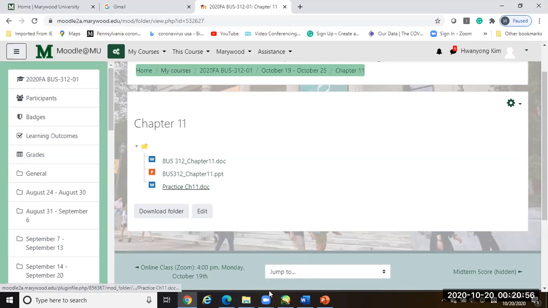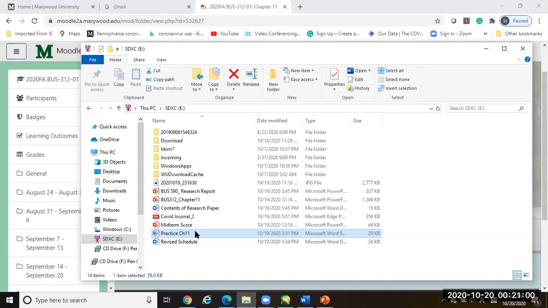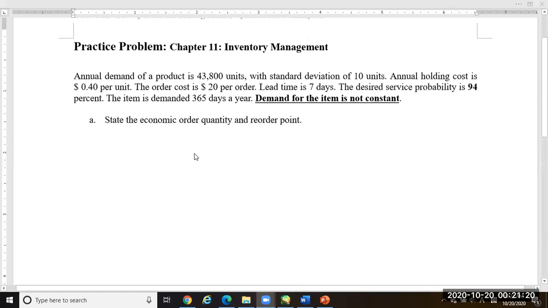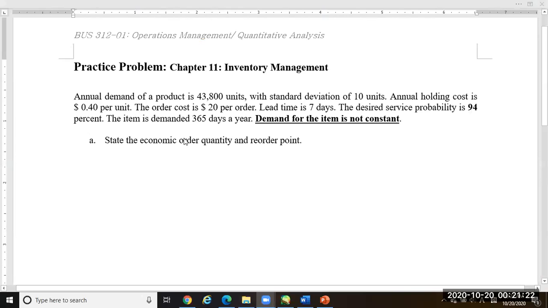Please practice this question, not B, only A.